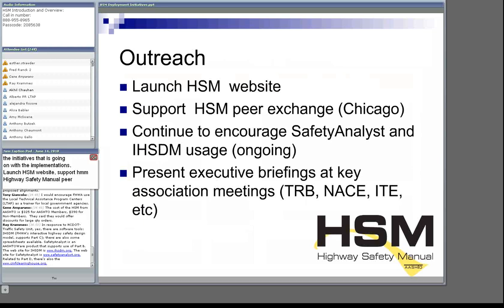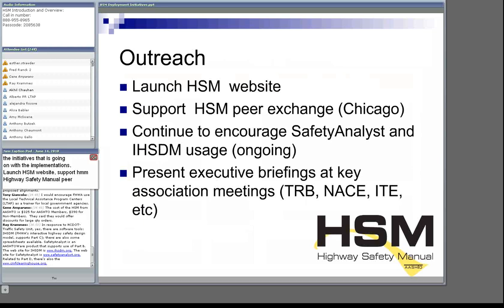There's also an opportunity to get technical assistance for IHSDM through Clayton Chin's group with the Geometric Design Lab. And also the community of practice will be a place where you can ask questions and get additional technical assistance.